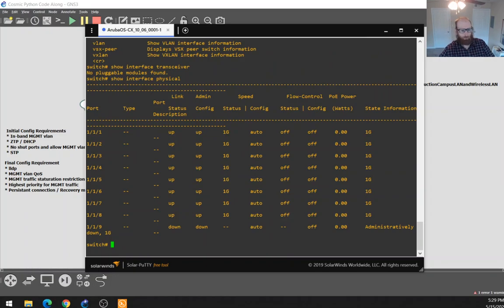Oh, here we go. This is what I'm looking for. So I'm looking for the physical interface information because I want to see what speeds I can use in my calculation.